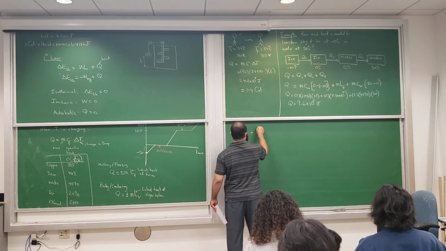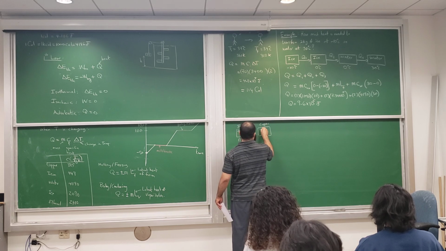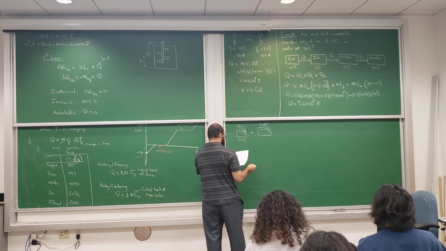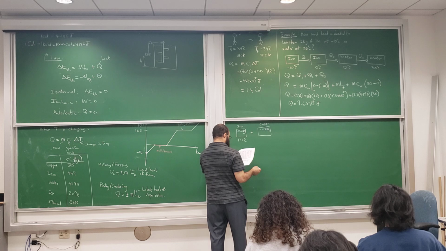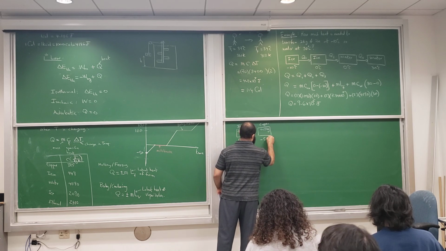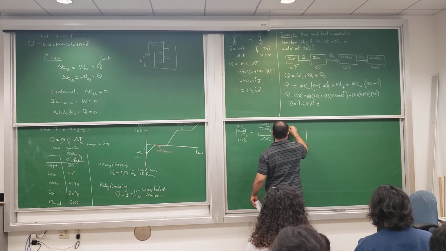You have a piece of copper, 0.15 kilograms, and the temperature is minus 50. And we have a bucket of ethanol.